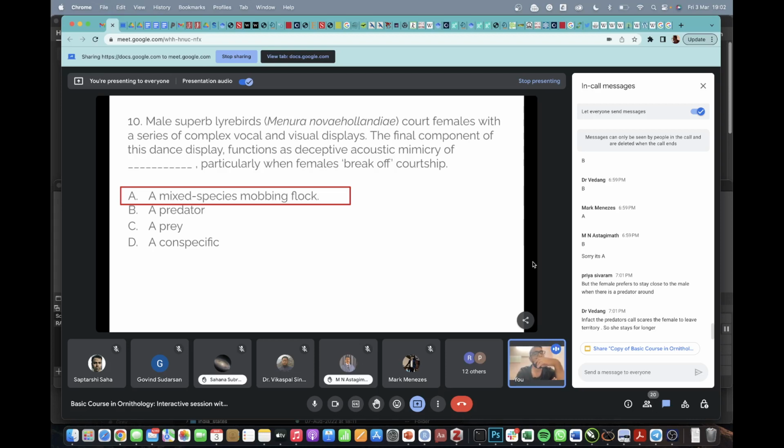The call is made only at the end of courtship. So, as Mark says, it's probably to continue the courtship, so the female doesn't leave the male's home range. That's what the answer is.